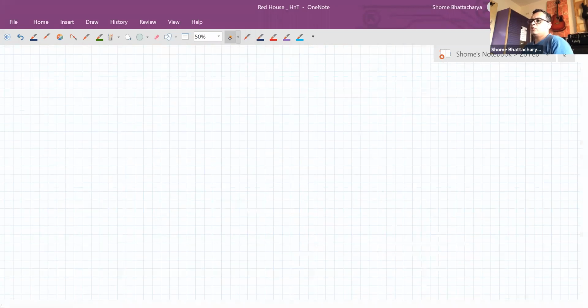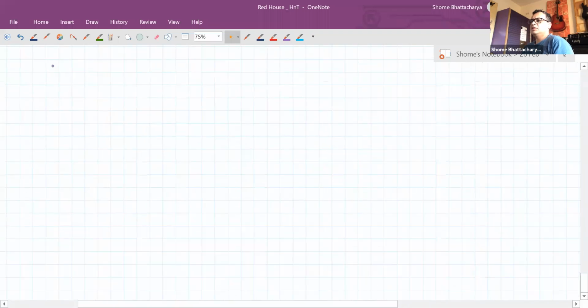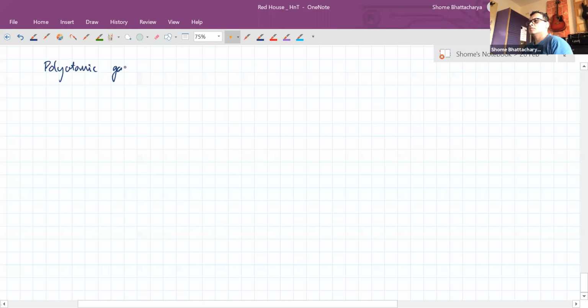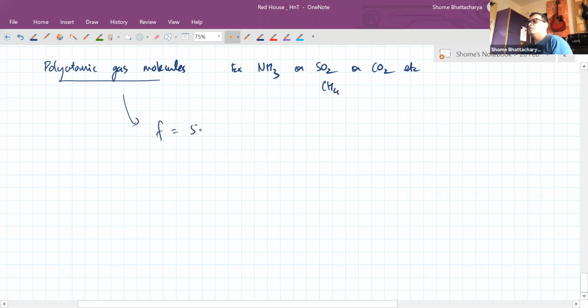Okay, so now from this, the last important concept here is that if we have polyatomic gas molecules, like ammonia gas or sulfur dioxide or carbon dioxide, etc., methane gas, then degrees of freedom can be 5, 6, 7, depending on shape and structure.